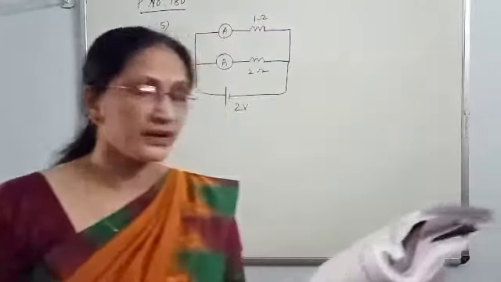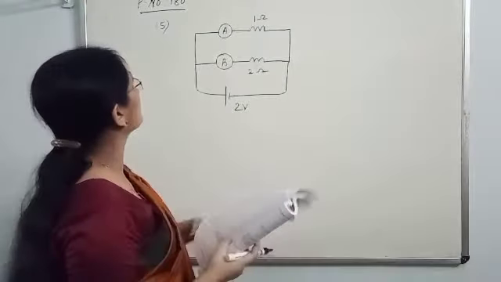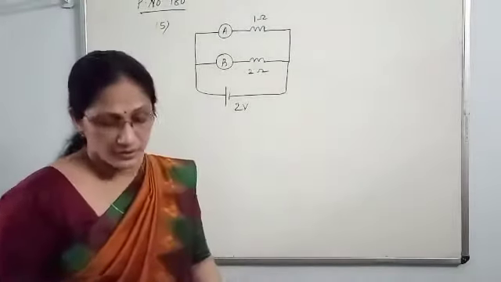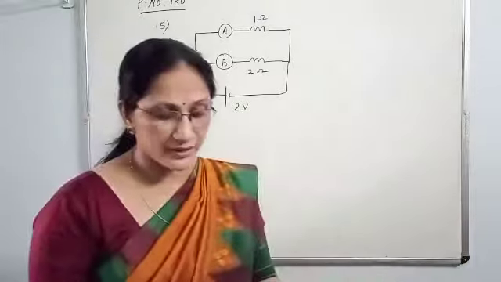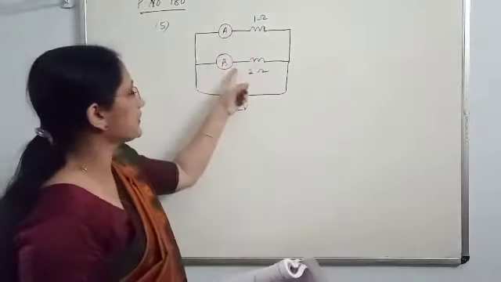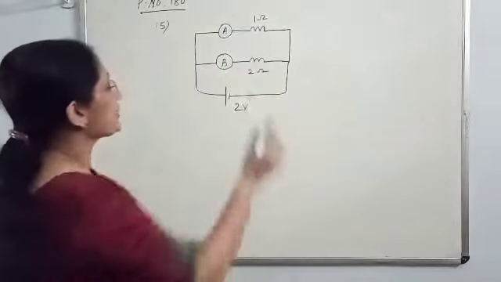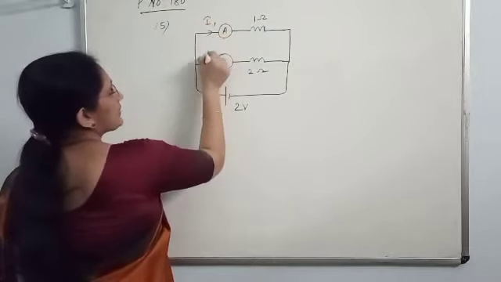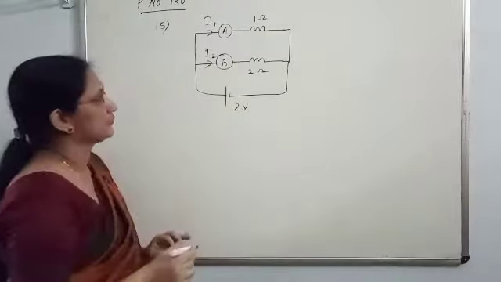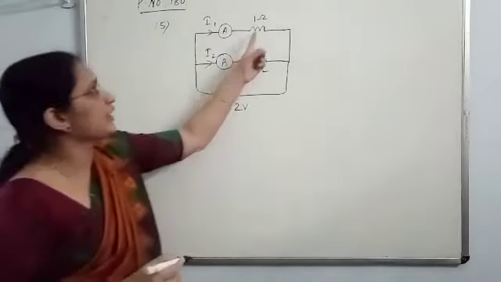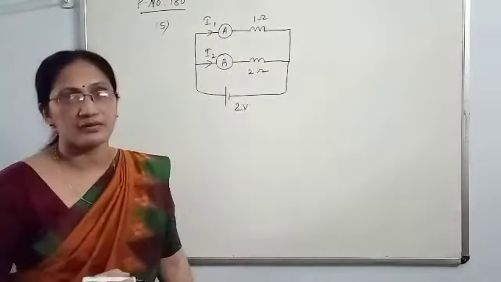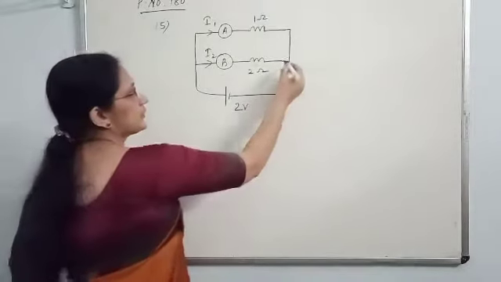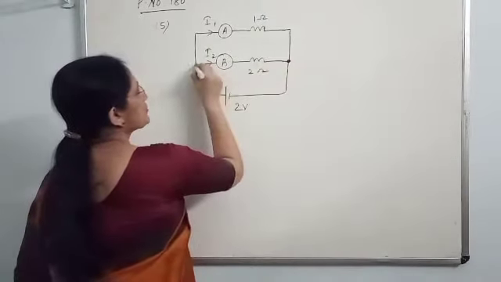Next, same page 180, question number 15. This is the diagram given and you are asked to find out what is the current shown by the ammeters A and B. Means you are asked to find out the current in these two branches. Let me mark them as I1 and I2. There are two resistors joined in parallel. Their common terminals are these two.